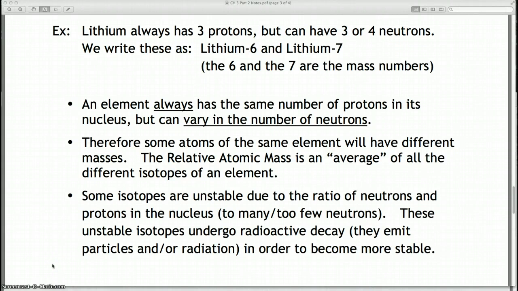We don't really get into radiation all that much, but oftentimes this radioactive decay, these particles or radiation that's emitted, can be harmful to us. So in some ways we can use that for good things. Some of the medical radiation therapy for cancer and stuff like that is putting that to good use. Some of it is more dangerous.